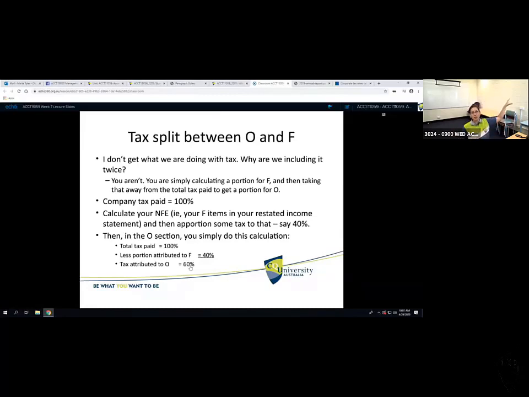We're simply splitting the 100% from the original financials into O and F. And we do that by firstly calculating a section that's for the F component and multiplying that by our company tax rate. And then we take that amount away from the 100% that we've left in O. So we end up with a split between O and F. And in this example, 60% goes to O and 40% goes to F of our original 100% from our original financials.